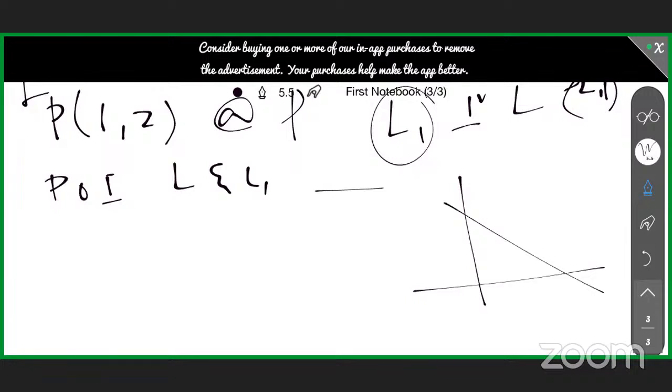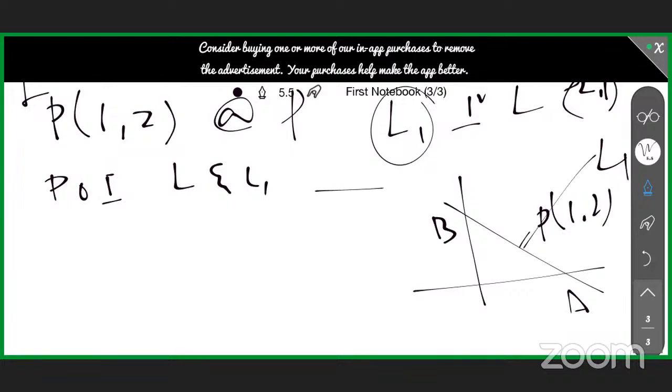This is my line L, which is making intercepts on the coordinate axes, and somewhere at point P (1, 2) it is bisected. There is one more line perpendicular to this line, let us say this is L1. You have to find this line's equation.